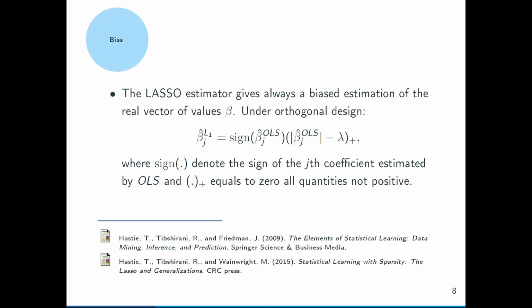Otherwise, it takes the value 0. As we know that beta OLS is an unbiased estimator, we can then deduce that the estimator of the Lasso regression is biased.